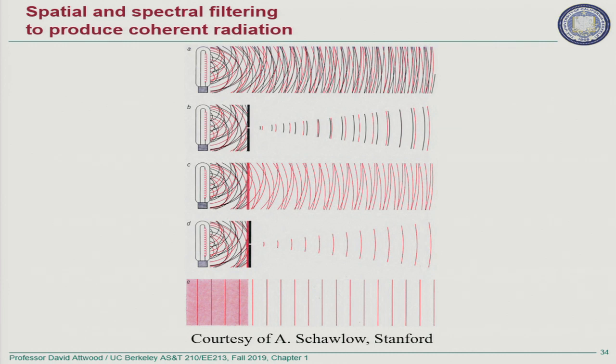Now you can also make it temporally coherent by adding a color filter. And so if you use a color filter and a pinhole, you can make incoherent light into coherent light. On the other hand, the bottom is representing a laser, where it creates temporally and spatially coherent light without filtering, although there's some kind of filter inside of the laser itself.